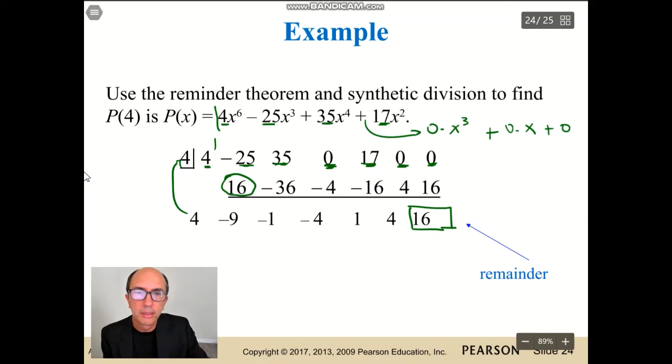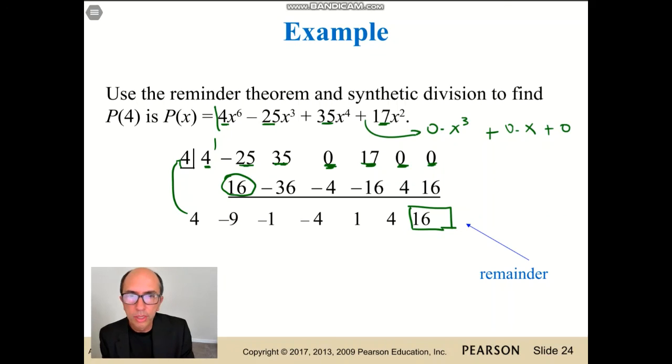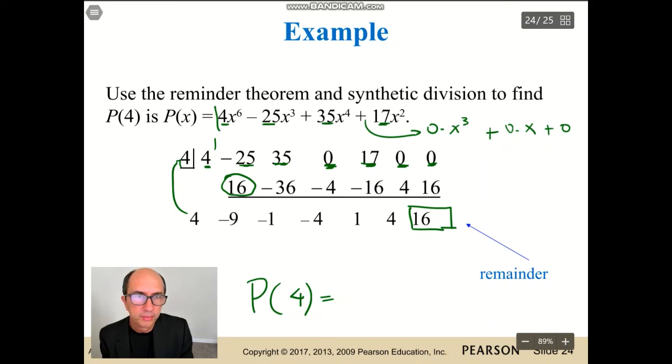This is the remainder. Now let's try the remainder theorem. Let's calculate the remainder by plugging in c, which is 4, and calculating the result.